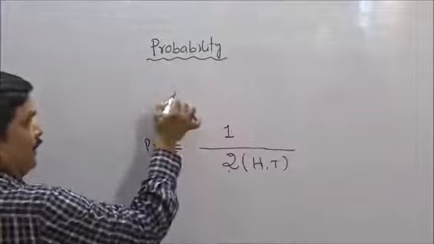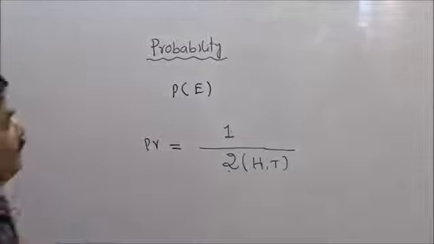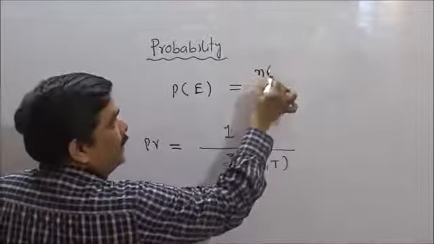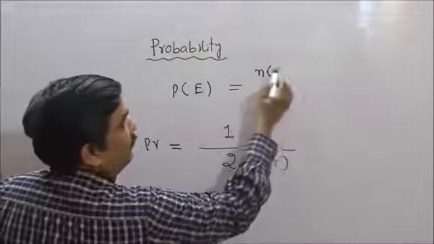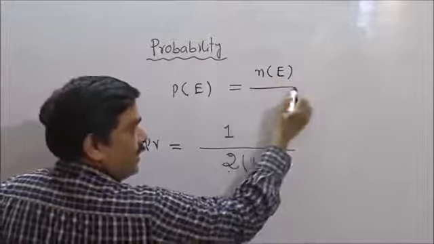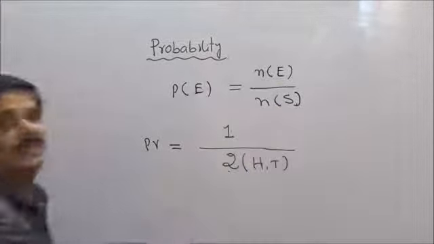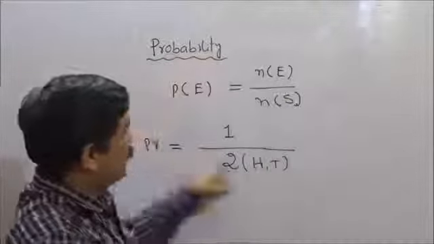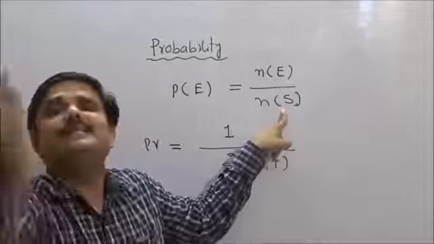Probability of an event, for any event, whatever it may be, is equal to the number of desired events divided by sample space. Remember this. This is the formula generally we use to measure the uncertainty of desired things.